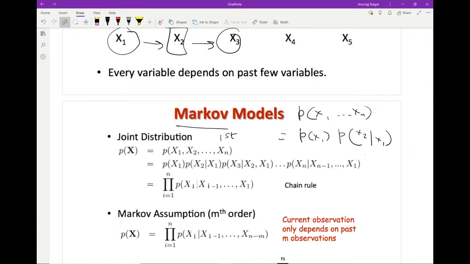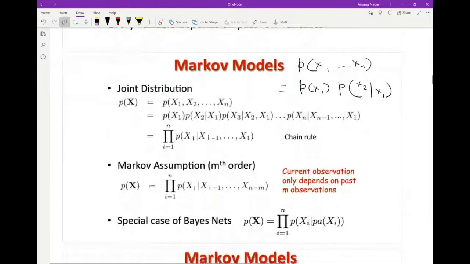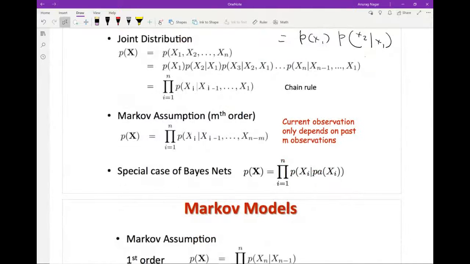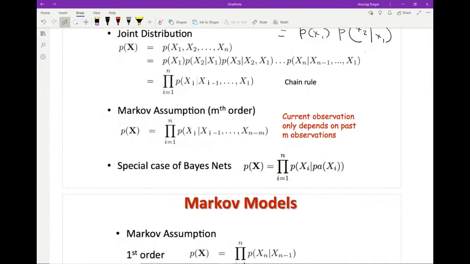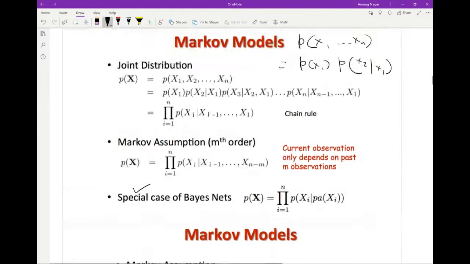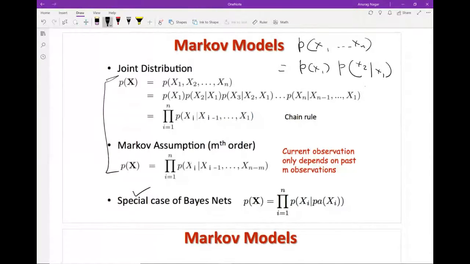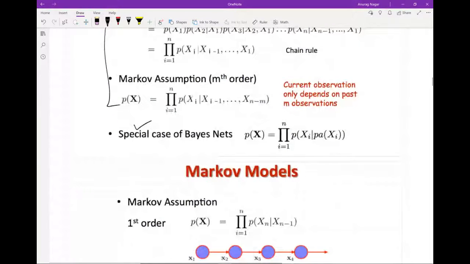Actually, I'm sorry, I take that back. This is not first order. This is a general thing, this is the whole thing. Then mth order. Now, special case of Bayes is you take the first order. So this is most interesting. We are not going to worry about these because these are too complicated for us. Mth order goes back m steps.